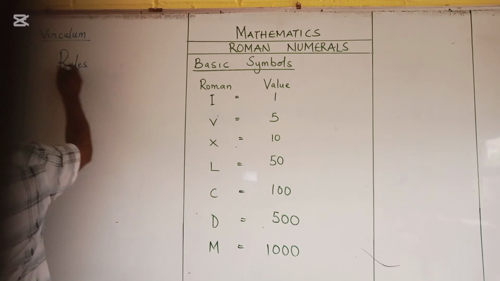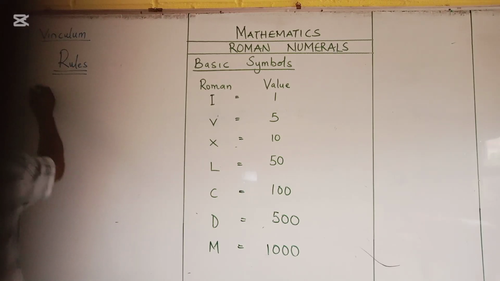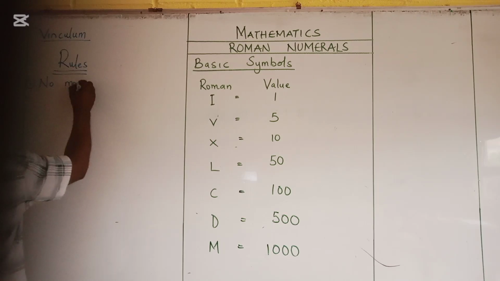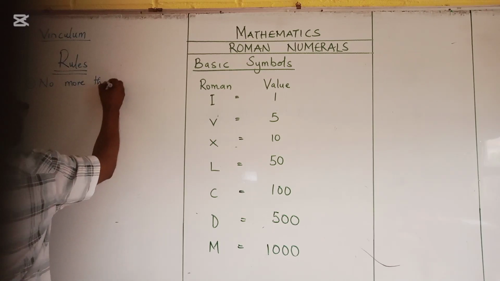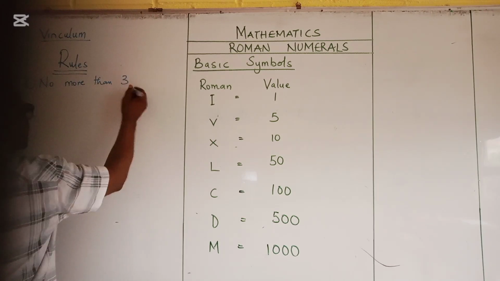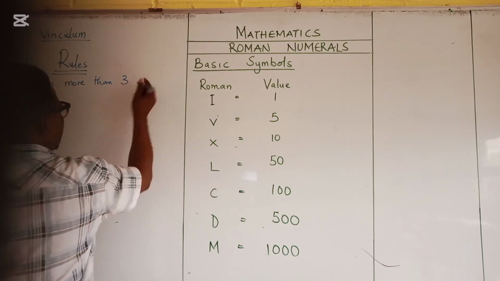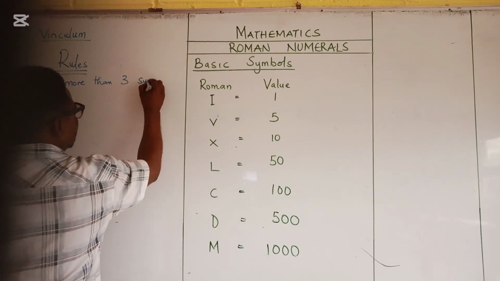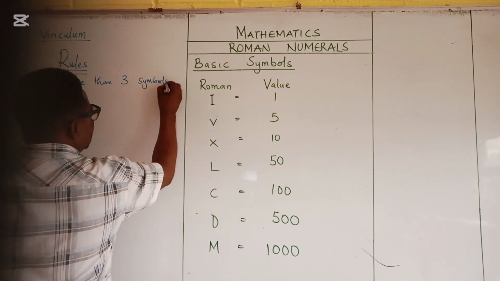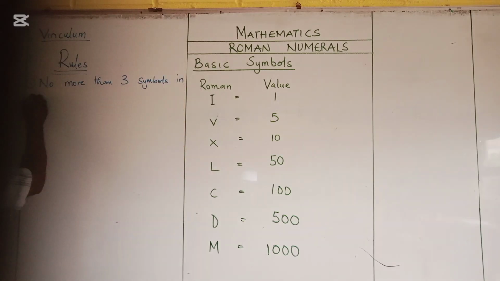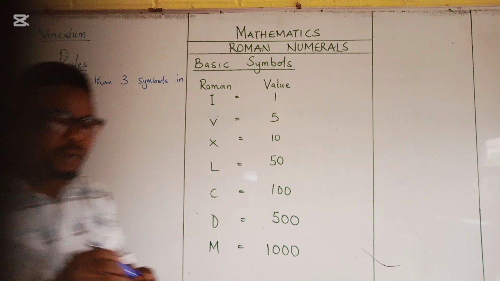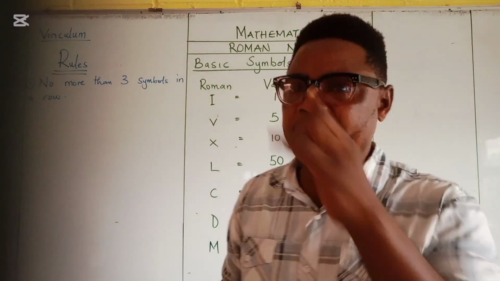Rules in Roman numeral. What are the rules? Number 1: no more than 3 symbols in a row.